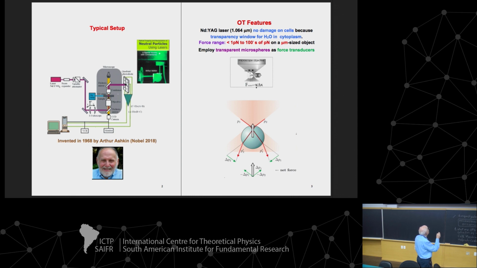Now, what is the force range? Well, typically, less than 1 piconewton to hundreds of piconewtons on a transparent microsphere, micron-sized object. And as I said, this is not the lower limit. We're detecting femtonewton forces as well.